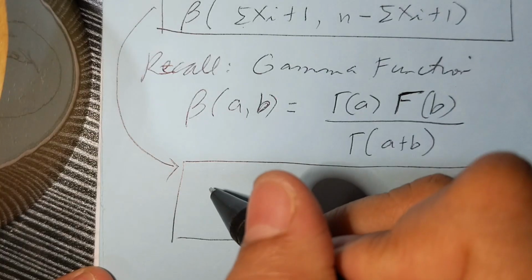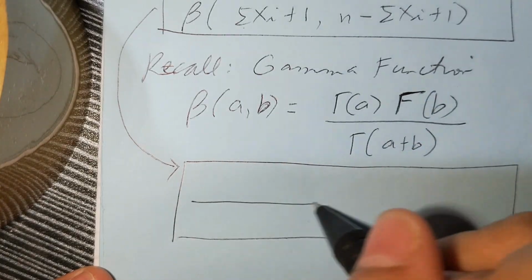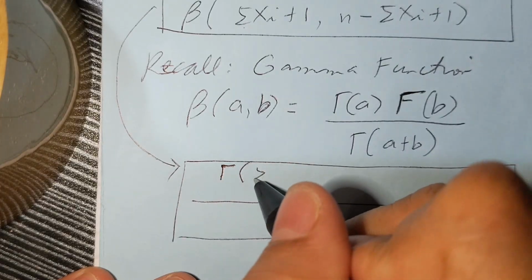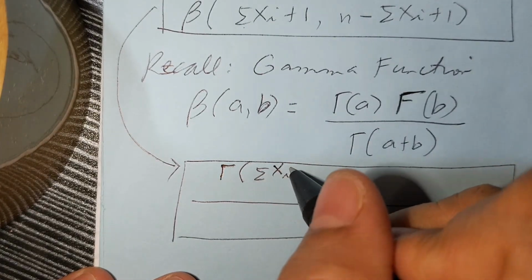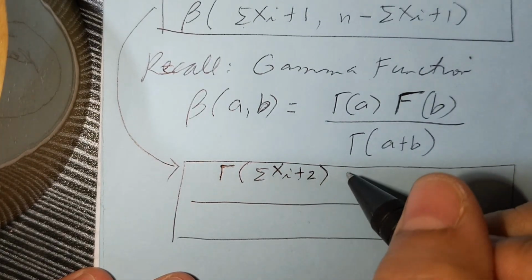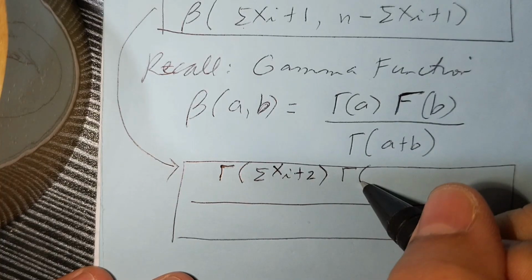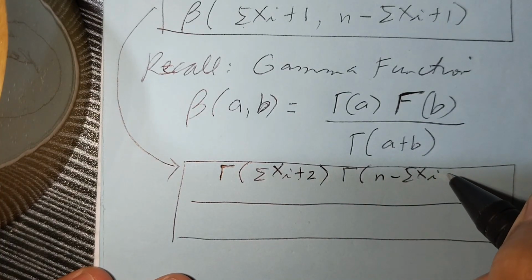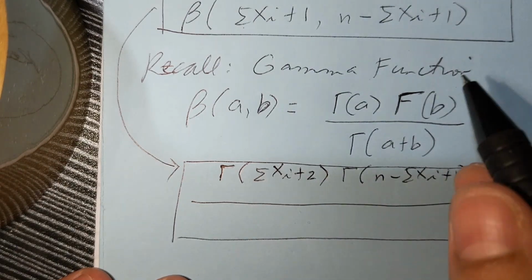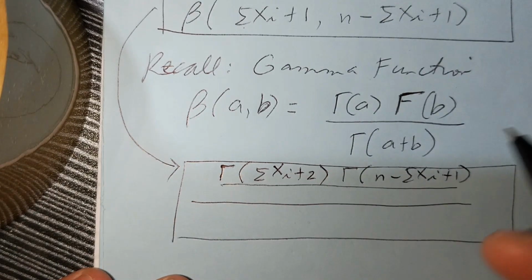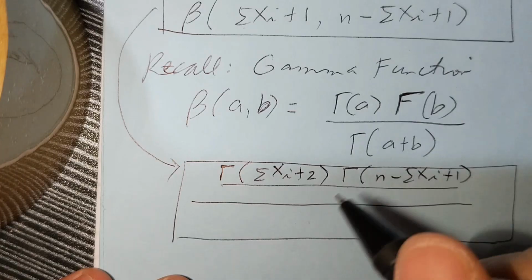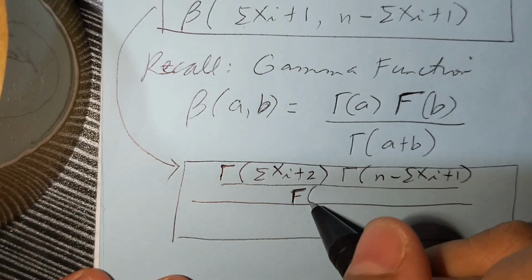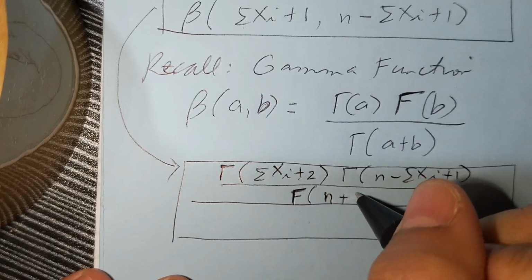Now, your numerator is actually the gamma of summation of x sub i plus 2. And we have here the gamma of n minus summation of x sub i plus 1, all over, when you sum this up, this is actually the gamma of n plus 3.